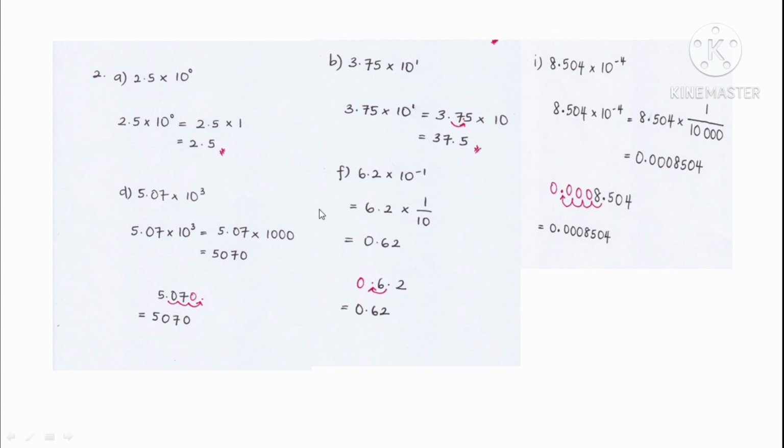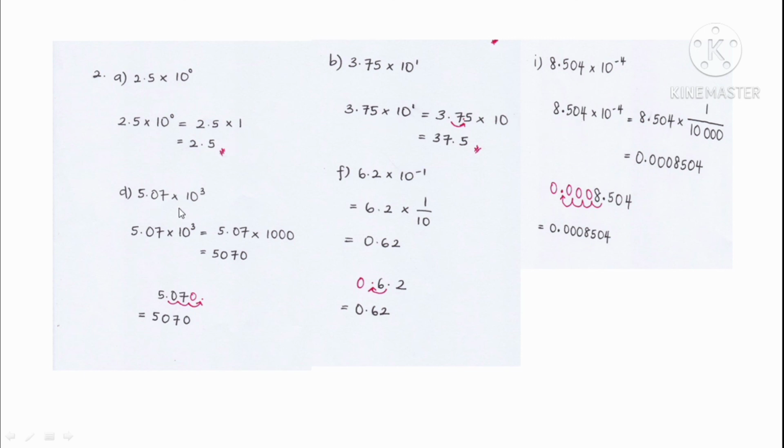So for question 2a, it asks you to convert the standard form to single numbers, right? So 2.5 times 10 to the power of 0, which is 1, so the answer will be 2.5. So for B, 3.75 times 10 to the power of 1 will be 37.5.